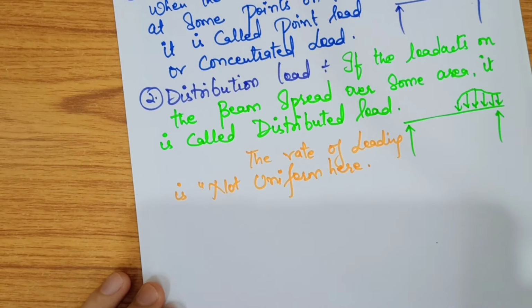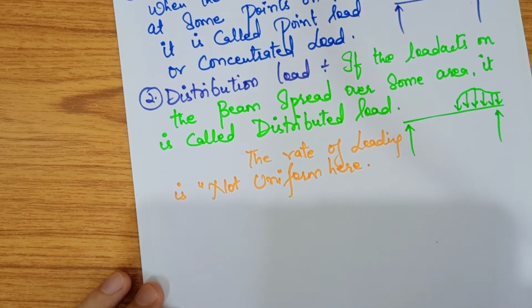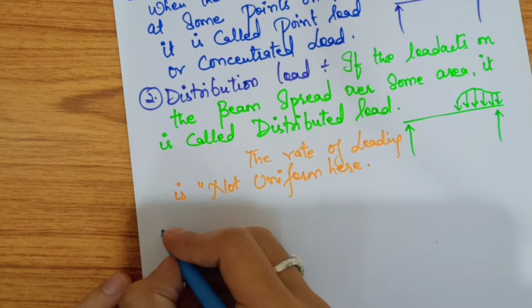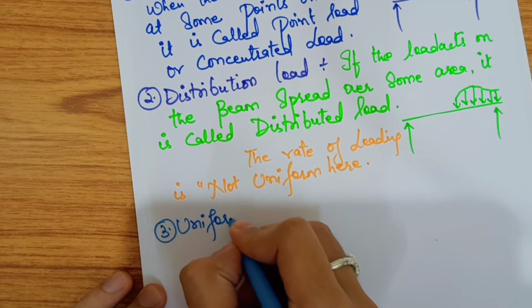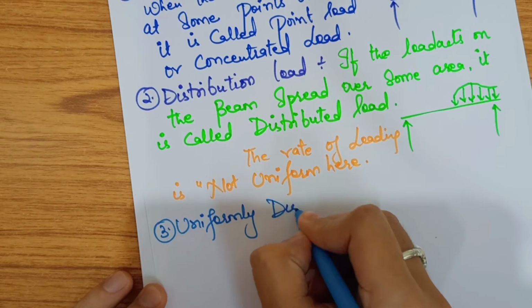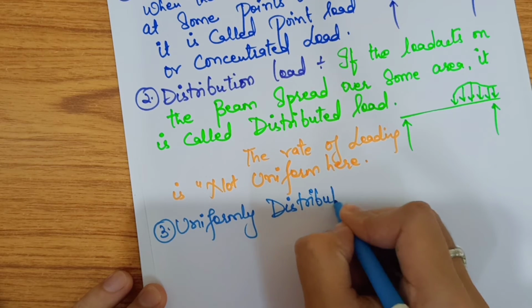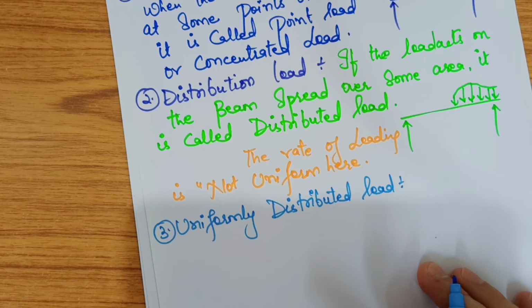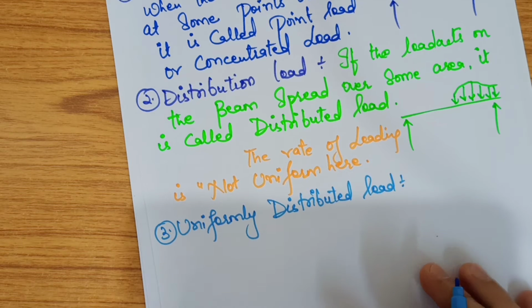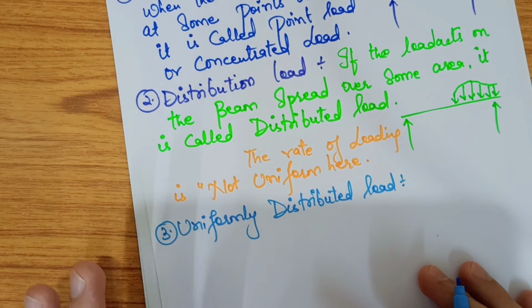The third one is uniformly distributed load. A uniformly distributed load is one which is spread over a beam in such a manner that the rate of loading is uniform along the length.